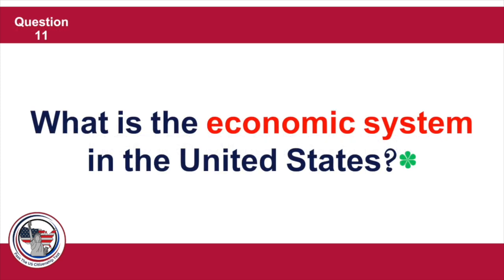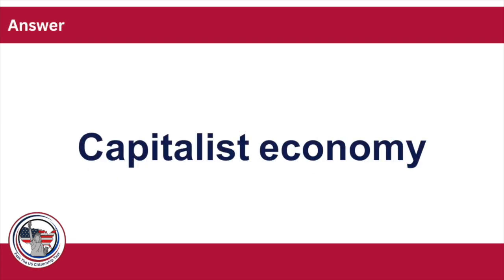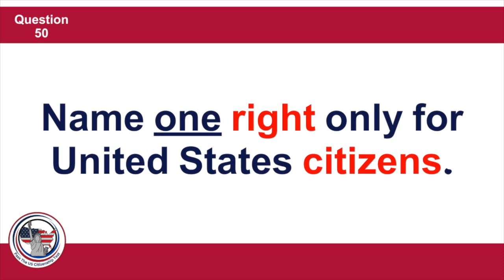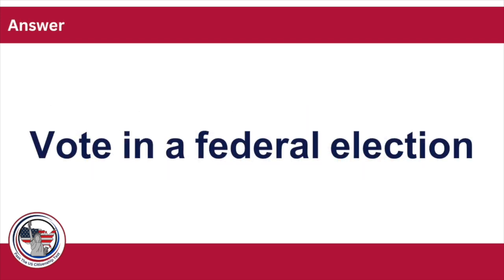What is the economic system in the United States? Capitalist economy. Name one right only for United States citizens. Vote in a federal election.